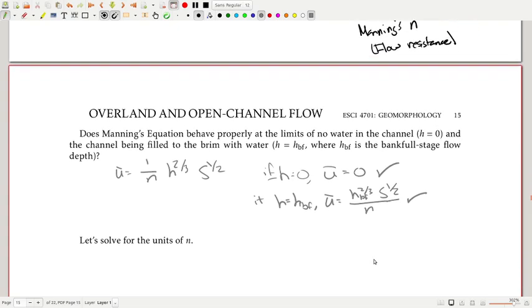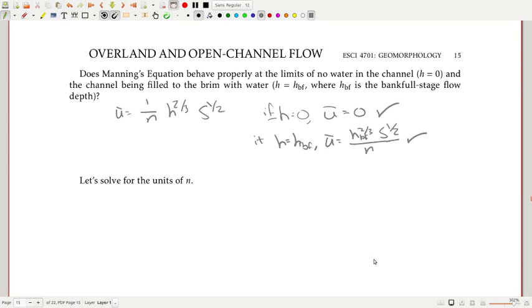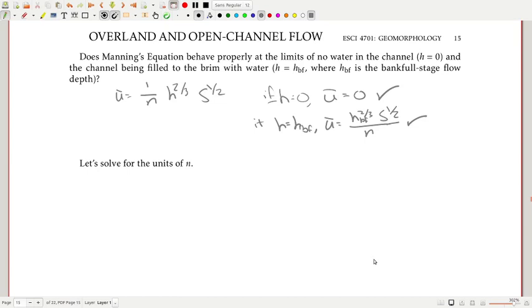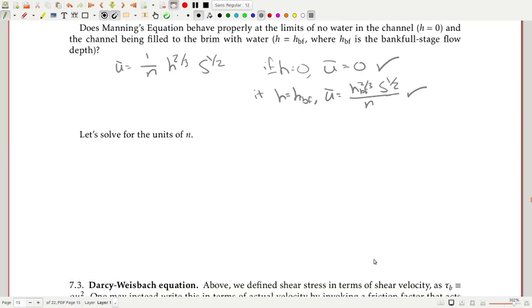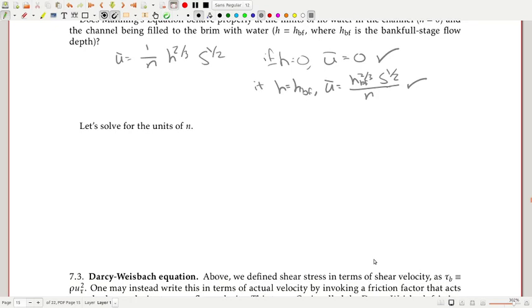So then, what we have to think about as well is whether the units of Manning's n are appropriate. In thinking about this, let's see what those units should be. So we have U bar, which is, let's say, meters per second, equals 1 over n. Then we have meters to the 2/3, and then slope is meters per meter, right? So that is unitless, so we'd have nothing there. So then what we do is, let's rearrange this equation.